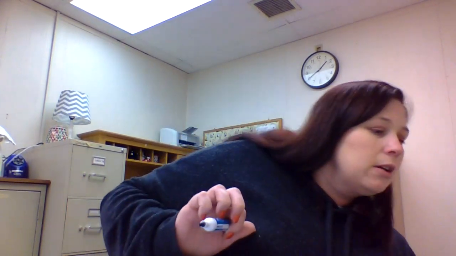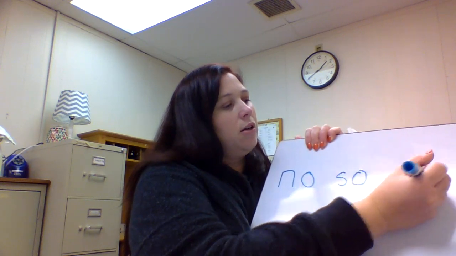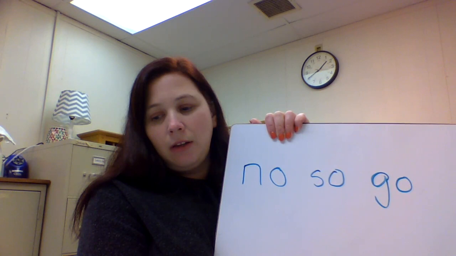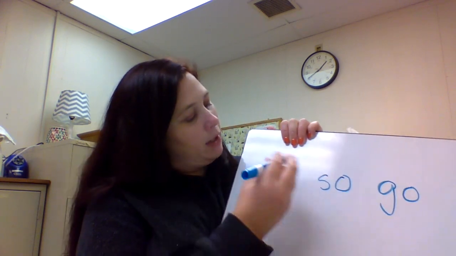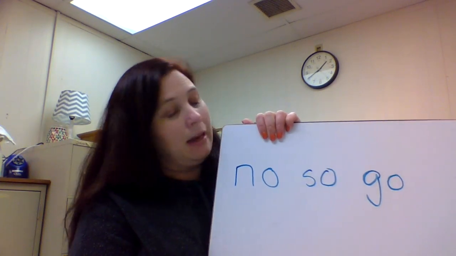Good job. All right, next I'm going to write some words. We have no, so, and go. Do you see the second letter of each of our words is an O, and it's saying its name.